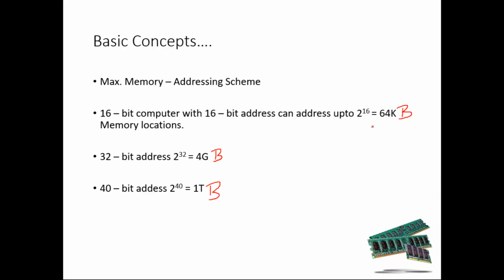But generally memories are byte addressable. In that case, with a 16-bit address bus it can address up to 2 power 16, that is 64 kilobyte locations. With a 32-bit address, it can address up to 4 GB. With a 40-bit address, it can address up to 2 to the power 40, that is 1 terabyte. So that is decided by the size of the address bus.